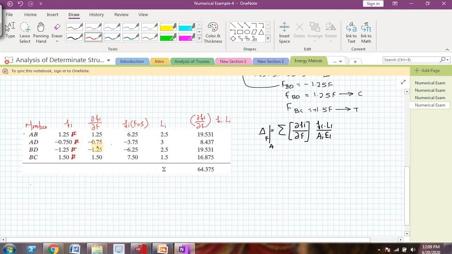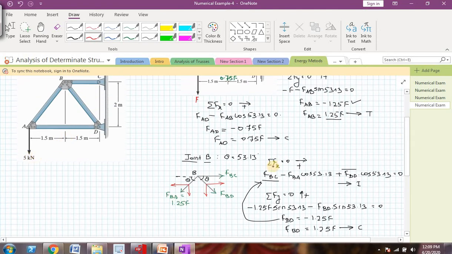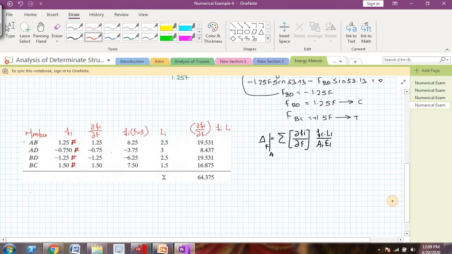And now here this column represents the partial differentiation of these with respect to F, right? So when I partially differentiate 1.25 F with respect to F, I'll get 1.25, and when I partially differentiate minus 0.75 F with respect to F, I will get minus 0.75. So minus indicates it is compressive force. Now this column represents the value of forces in each and every member of the truss when you put F equal to P. What is that P? That P is actually the original load which you are applying on the structure.